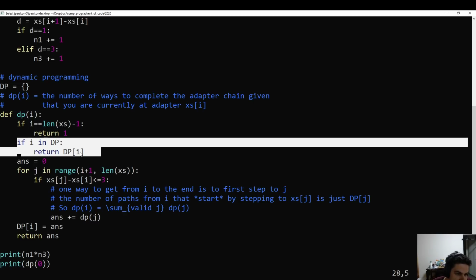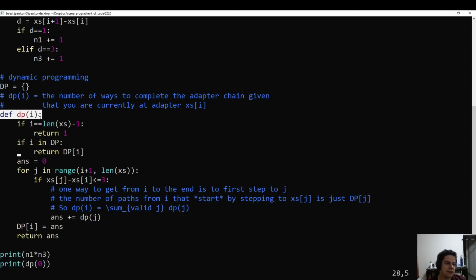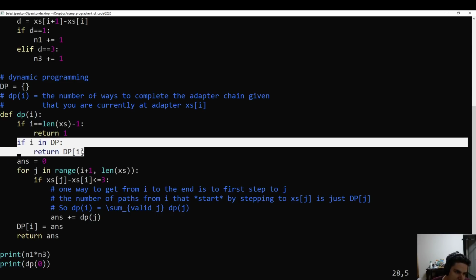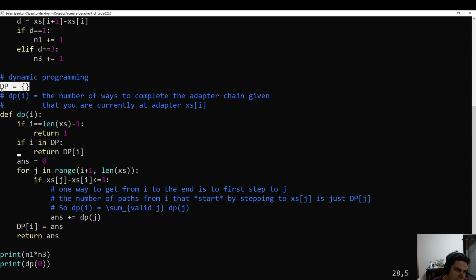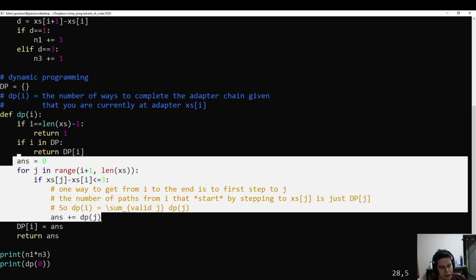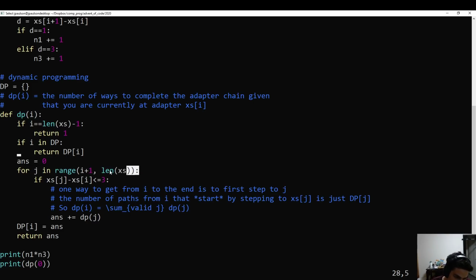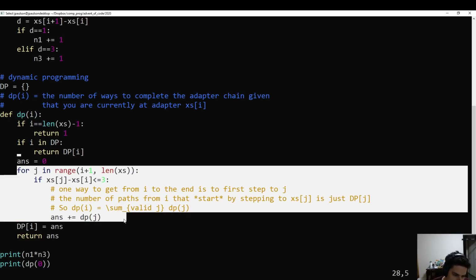And the reason is that this function only runs like 100 times, or len of x's times, right? Because there's only 100 different values of i. And once you run it once for each value of i, it's this trivial thing where you just look it up in a table, or in a dict in this case. So this part only runs 100 times, and this is only 100. So the whole thing is only 100 squared, right?